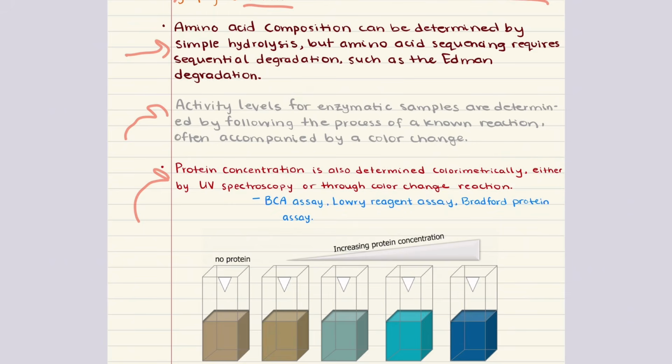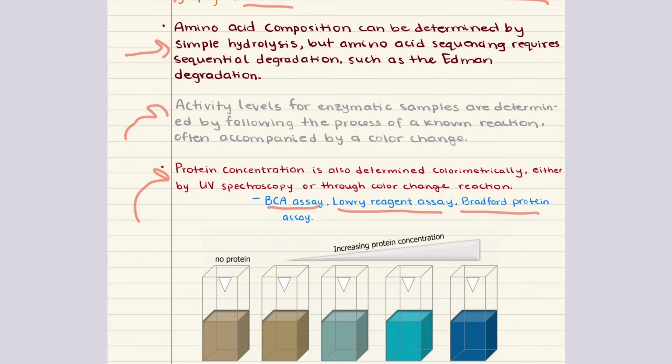So sometimes to avoid this, researchers can use colorimetric assays. These rely on specific chemical reactions between the protein and a reagent that produces a visible color change. And the most common methods are BCA, Lowry reagent, and the Bradford protein assay. Let's actually briefly discuss the Bradford assay and how it works.